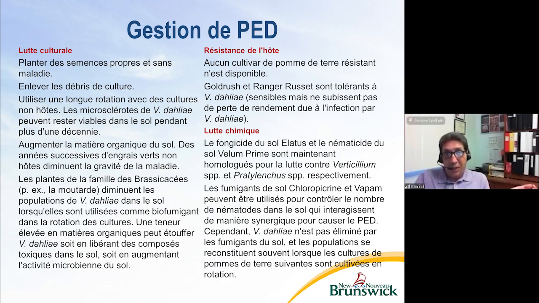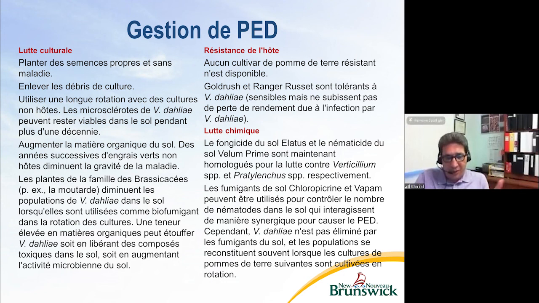And planting Brassicaceae, such as mustard, can decrease the soil population of Verticillium dahliae when used in a crop rotation as a biofumigant. By the way, once mustard is cut and incorporated in the soil, it needs moisture to activate, and then it produces the fumigant.